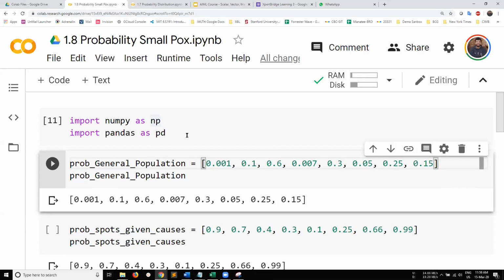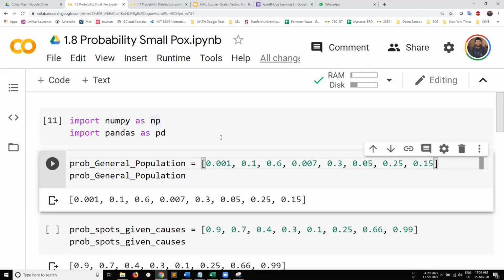Then the numbers that we had got, the probability of the disease or probability of that cause, and when we say disease or cause, we are saying what is the probability of smallpox, chickenpox, acne, and so on.